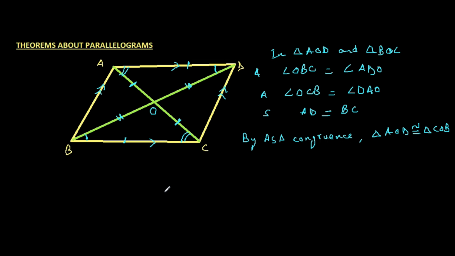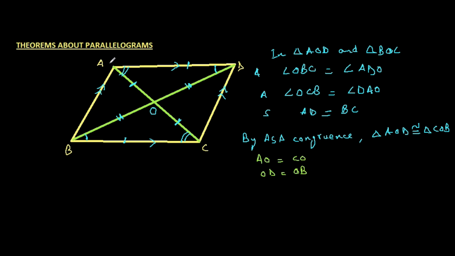Now once we proved that these two triangles are congruent to each other, what can we say about the corresponding sides in each triangle? So we can say that AO is equal to CO and AD is equal to BC, that we already know, and we know that OD is equal to OB. Right, so what did we have to prove?